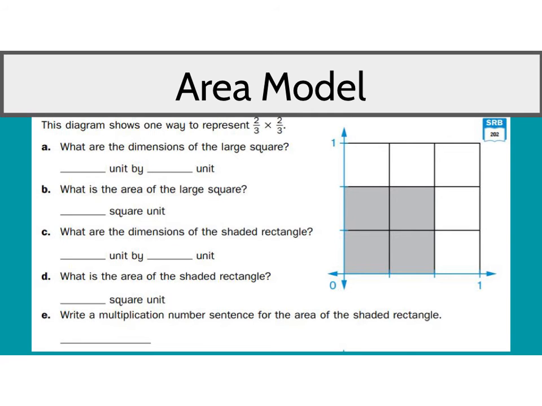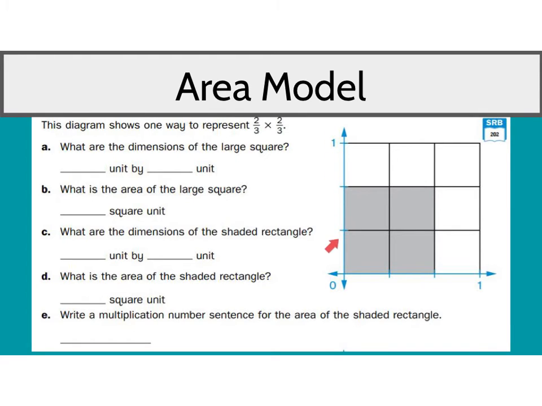All right, so let's take a look at this area model. The diagram to the right shows one way to represent 2/3 times 2/3. So what we would first like to do is look at the dimensions of the large square.